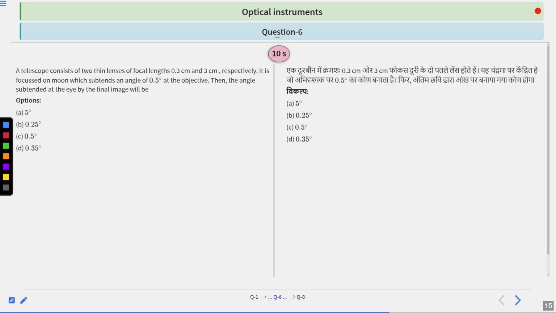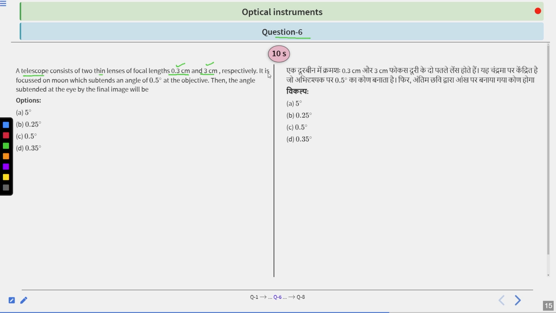Question 6. A telescope consists of two thin lenses and the focal lengths are 0.3 centimeter and 3 centimeter respectively.